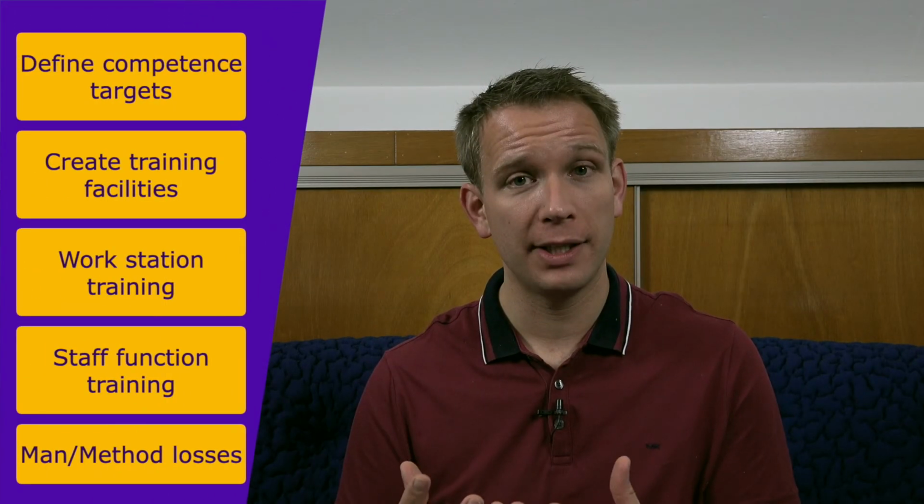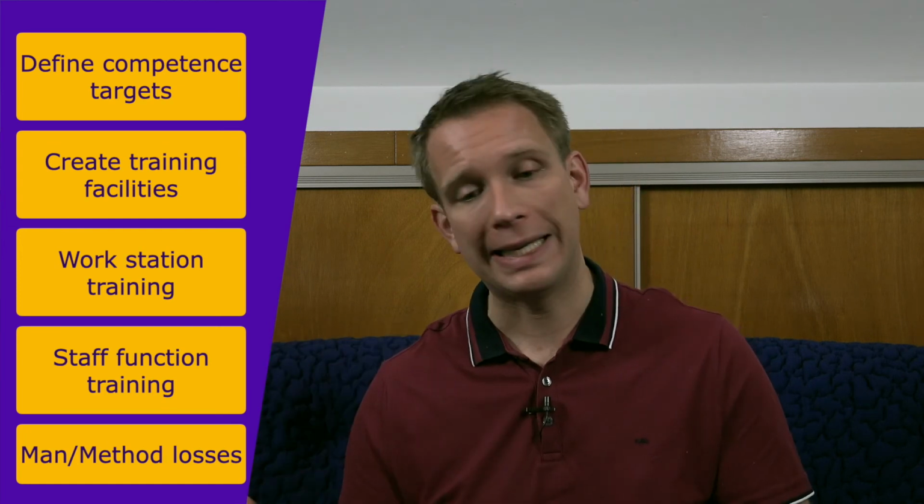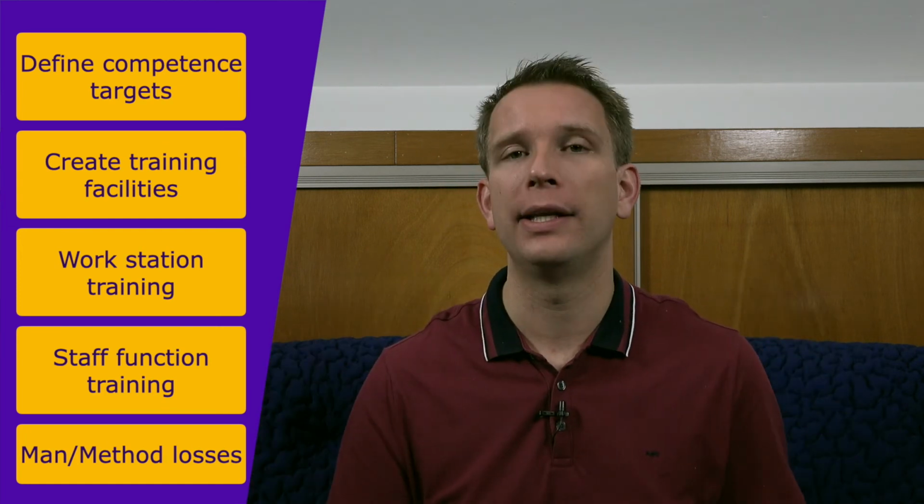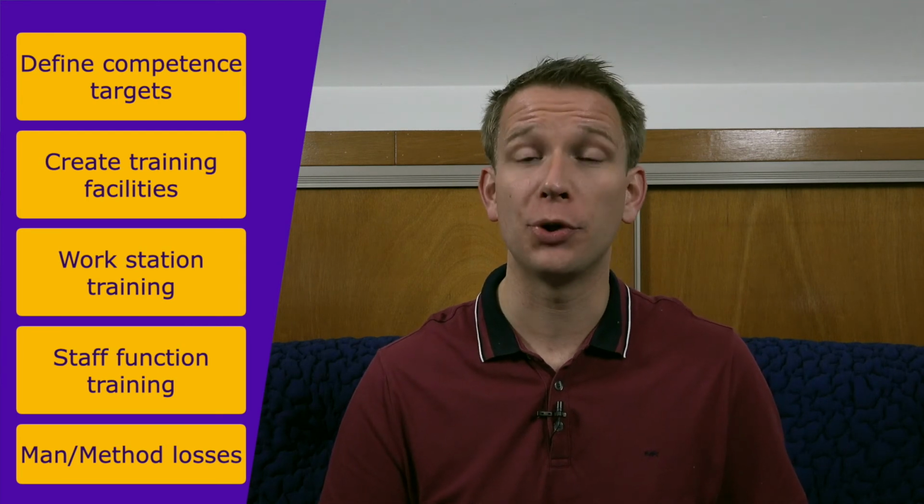So to recap, the training and education pillar should really focus on where training and competences contribute to effective and qualitative production. No training simply for training, but you train in order to improve your performance. You want to build training facilities, both the organizational layer as well as e-learning, physical training, and the actual tools that people use to train.